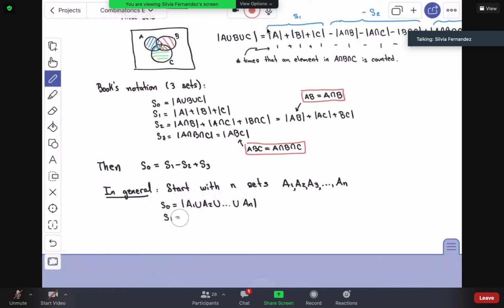And then S1 is just going to be the sum of the elements per set. And then S2 is the intersections, all possible intersections. And of course, here I will have to list n choose two of them, right?